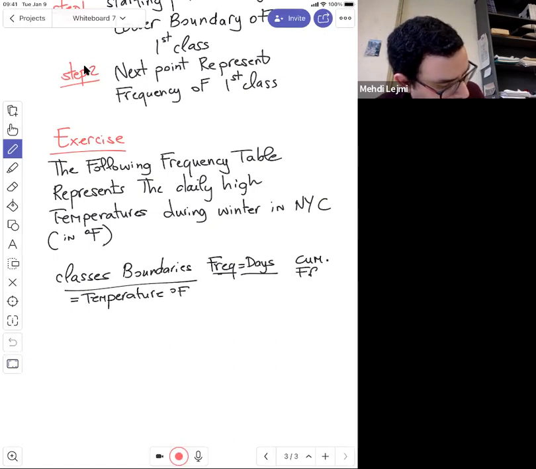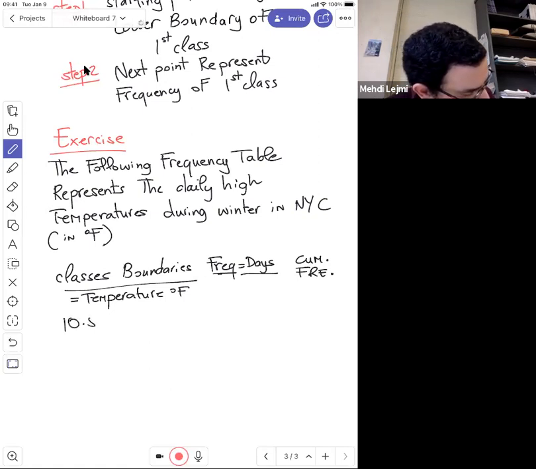So for the class boundaries, temperatures, that's probably a good example because in the last days, I was kind of freezing outside. Anyway, let's say we have 10.5 as the first boundary, the first interval between 10 Fahrenheit and 20.